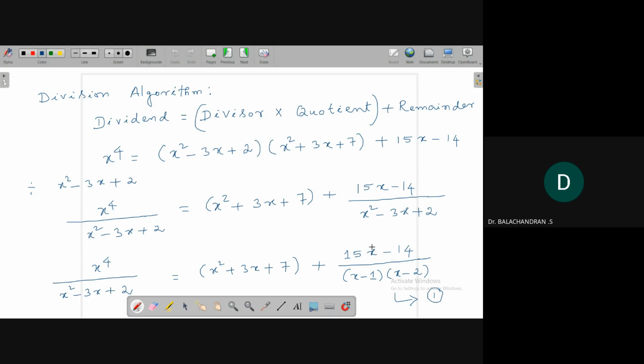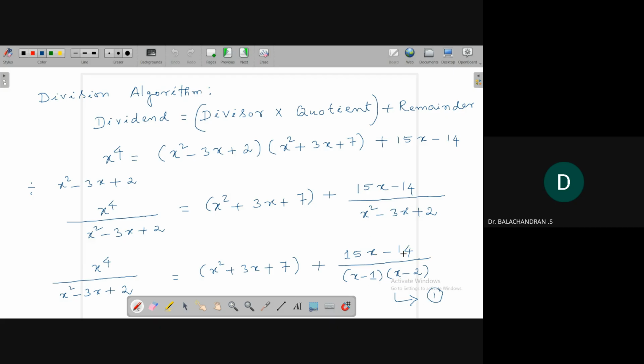15x minus 14. I factorize the denominator like this, x minus 1 into x minus 2. I think you know this method. So you can write x minus 1 into x minus 2. Now for this term, I'm going to apply partial fraction. I'll take this as equation number 1.